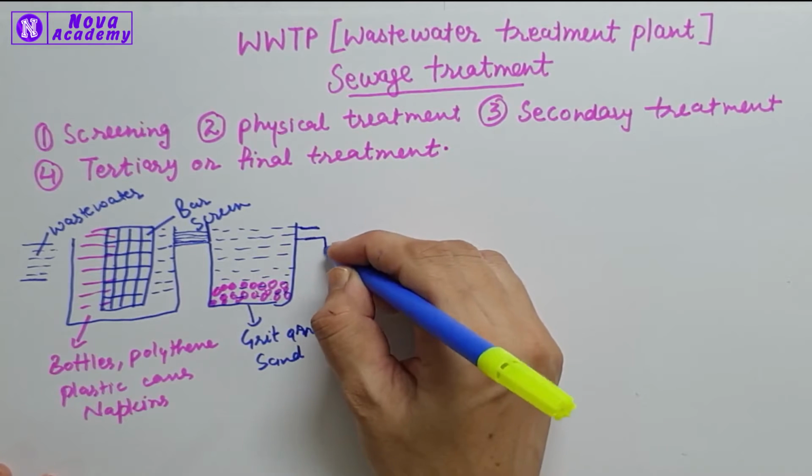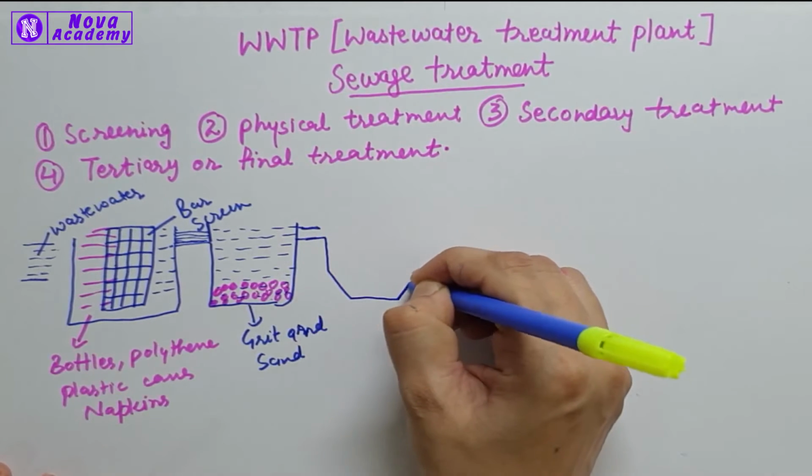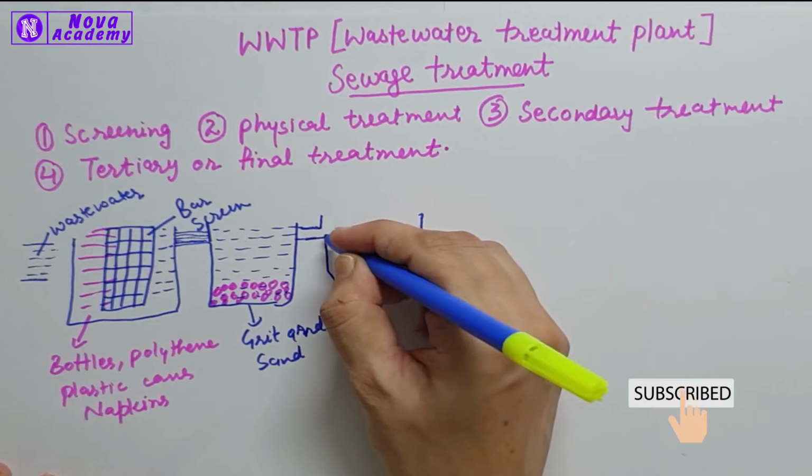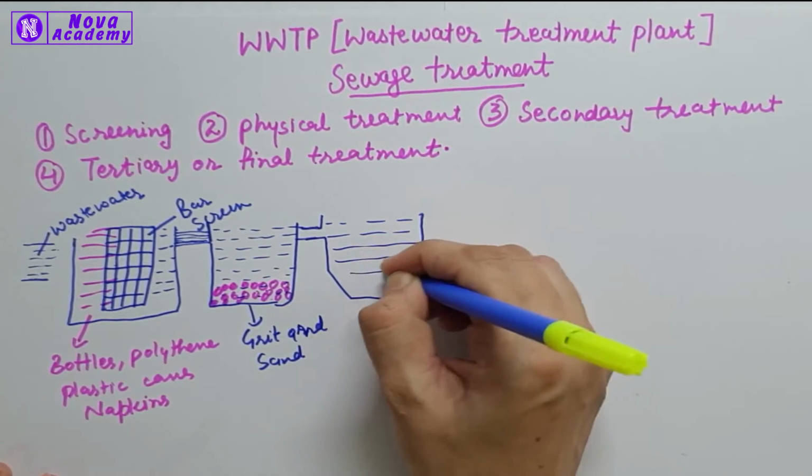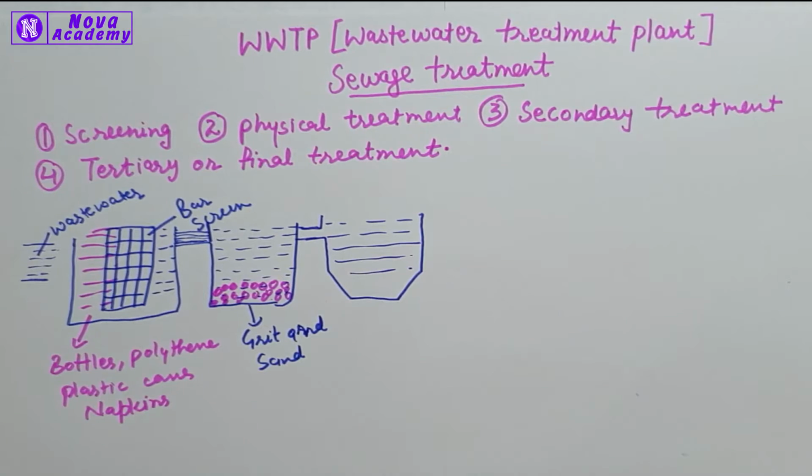The next chamber is a little bit sloped from the center. Here there are a few impurities in the dissolved form, but if we keep this water undisturbed, then those impurities settle down slowly.